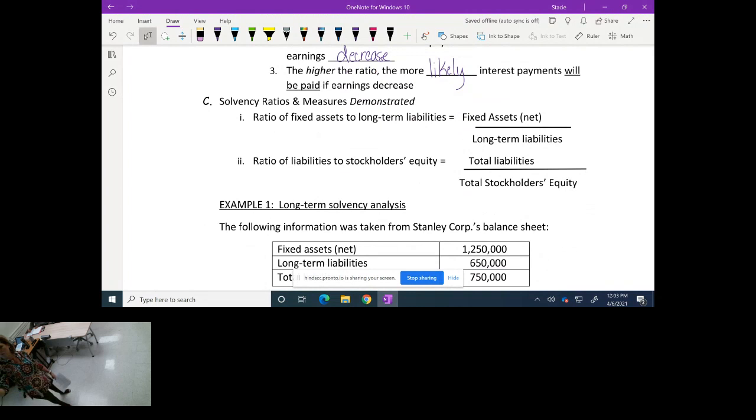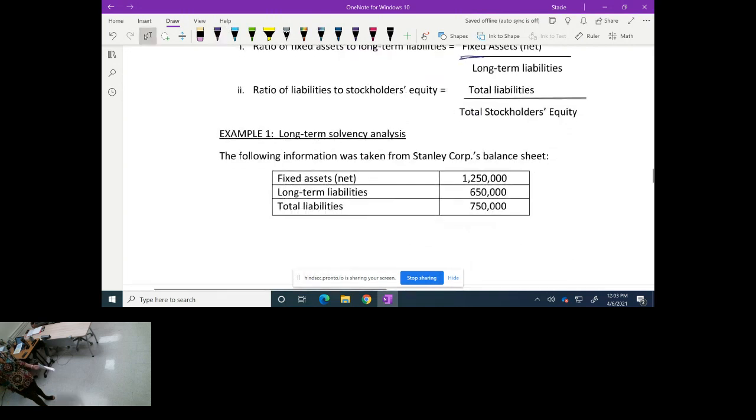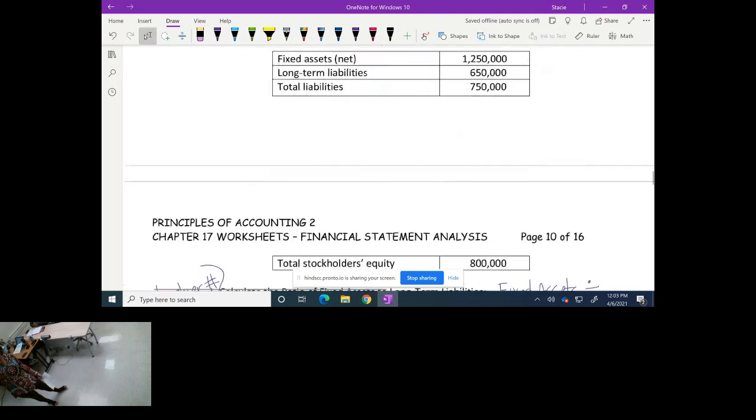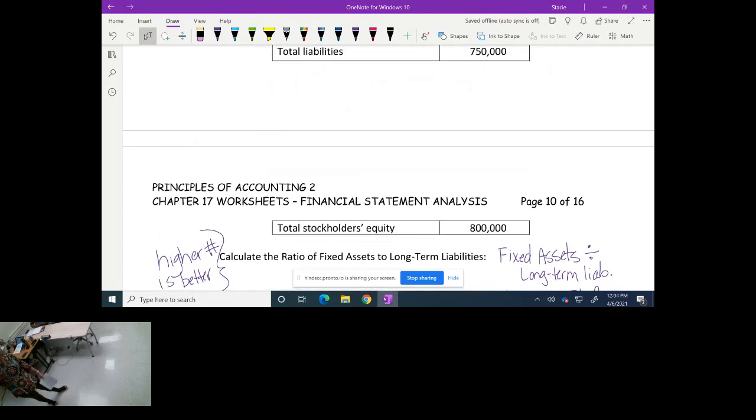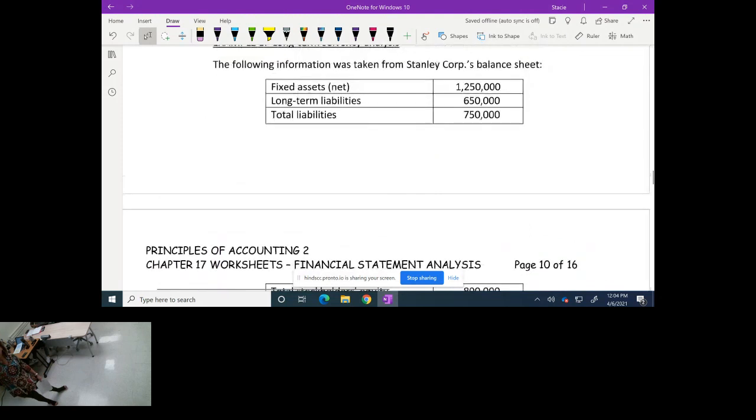For the ratio of fixed assets to long-term liabilities, you're dividing your net fixed assets by your total long-term liabilities. It's kind of self-explanatory. Then liabilities to stockholders' equity, and we've got totals to work with that go over onto two pages. Let's look at Stanley Corp's information.